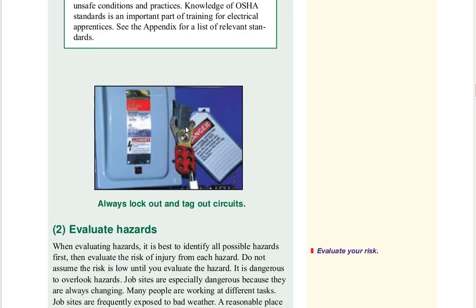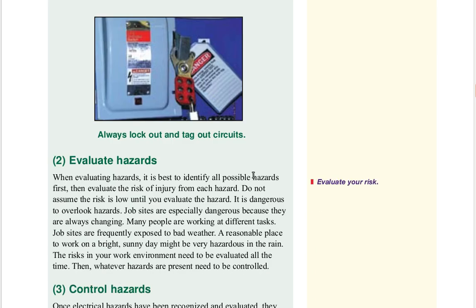You see the lock here, always lock out. See the padlock placed on the cabinet, and tag out. You see the tag here with danger and additional information written on it. So someone has opened the cabinet and turned off the main switch, then closed the cabinet and locked it and placed this tag on it, because they're working on the circuit.